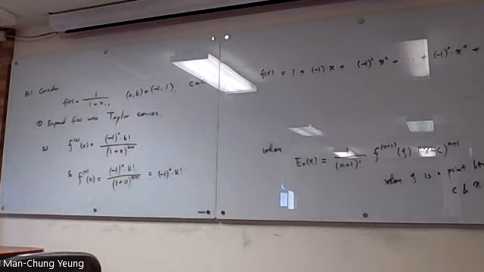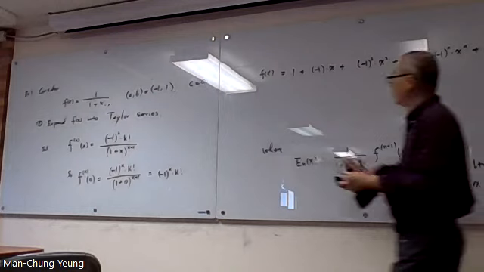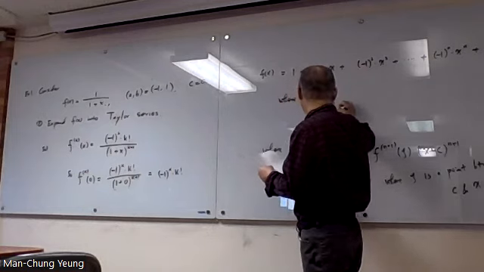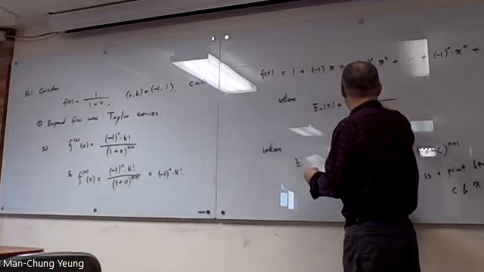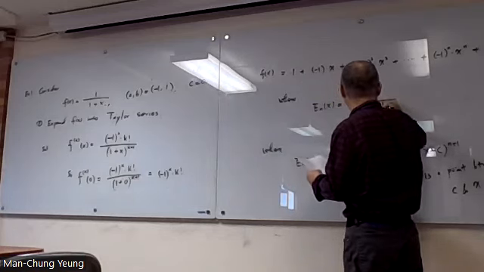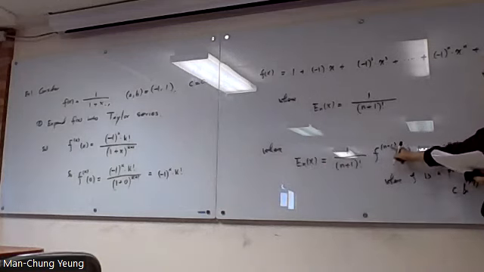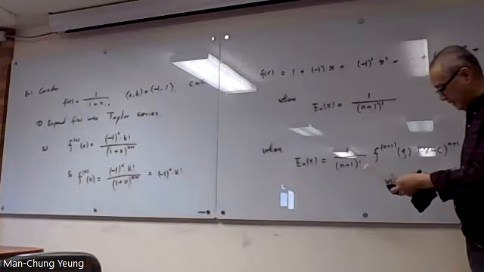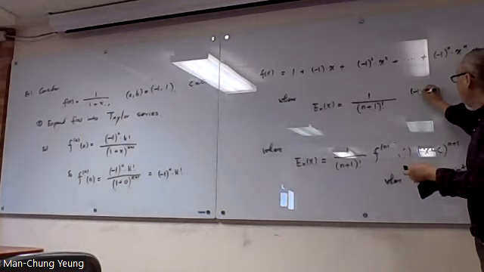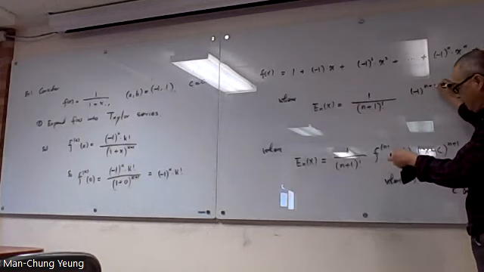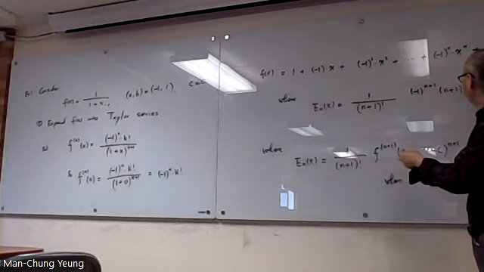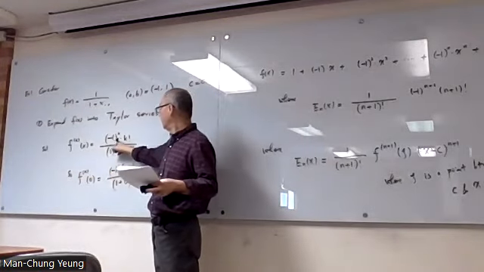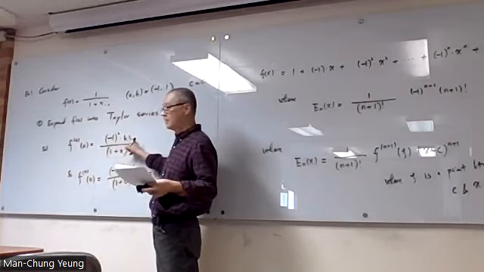Where the error term is 1 over (n plus 1) factorial, times the derivative n plus 1 times, which is (-1)^(n plus 1) times (n plus 1) factorial, since k is n plus 1.